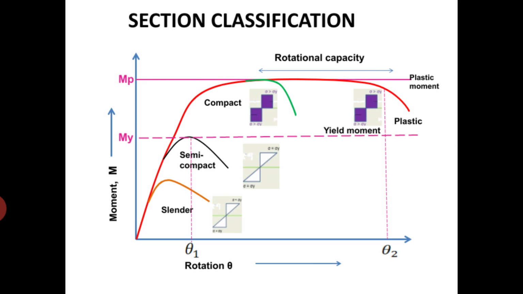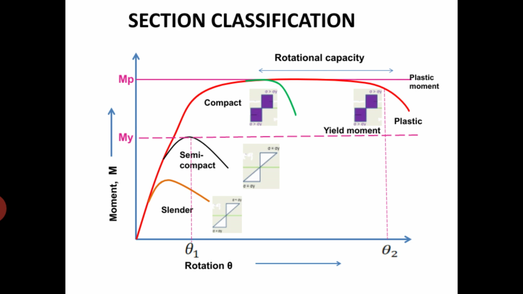Then what does the class 3 section represent? That is semi-compact sections. The black curve that I have given here: the cross sections in which the extreme fibers in compression reach the yield stress, just look at this graph, but cannot develop the plastic moment of resistance due to local buckling.